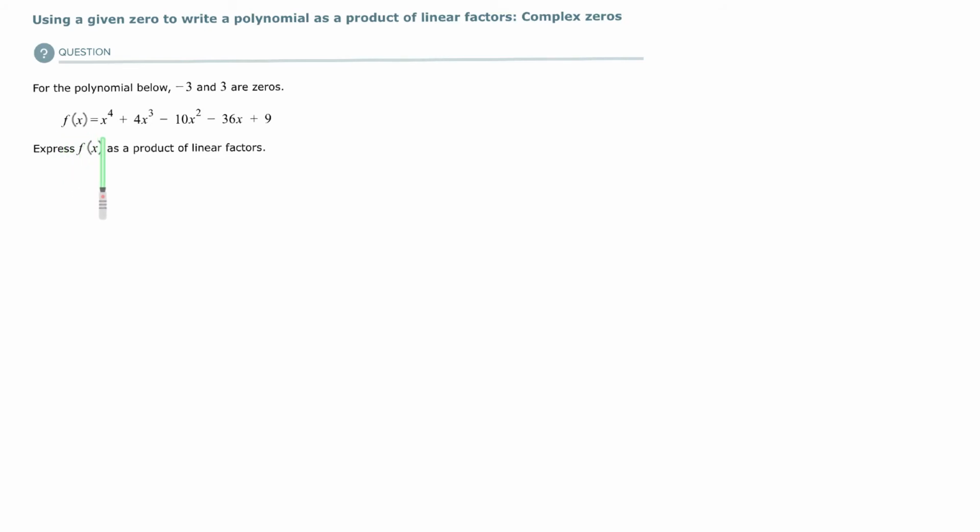Let's go ahead and factor this polynomial, knowing that negative 3 and 3 are zeros. Well, if negative 3 and 3 are zeros, by the factor theorem, we know that x plus 3 is a factor, and we also know x minus 3 is a factor.